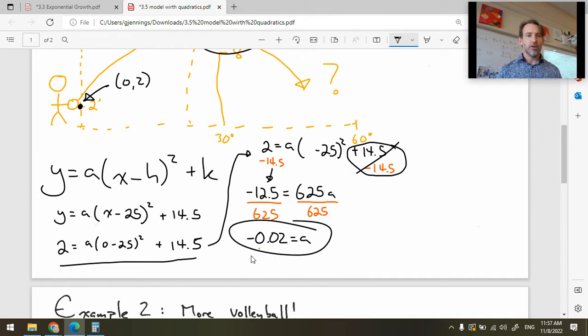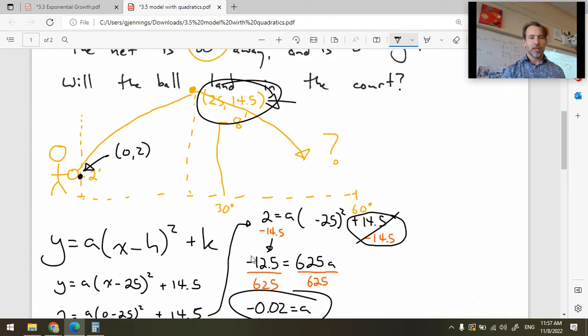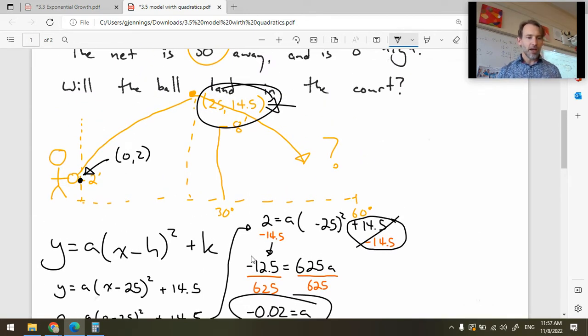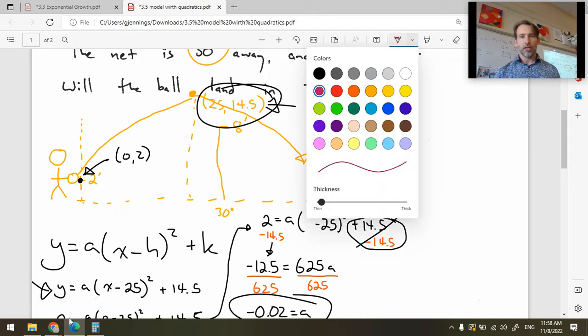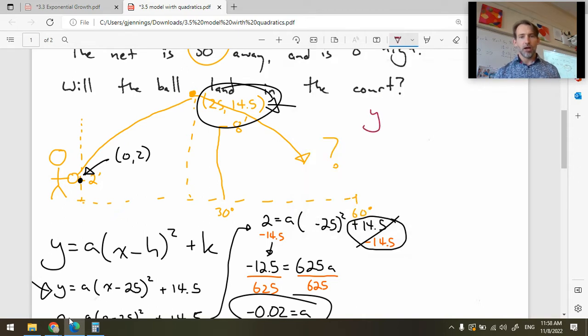All right. Now we have the equation of this quadratic. We had everything we wanted in the quadratic except for a, so we can write that out again. Let's use purple because we're triumphantly writing down our equation. y is equal to negative 0.02 multiplied by (x minus 25) squared plus 14.5.